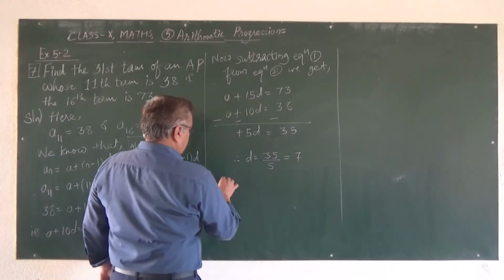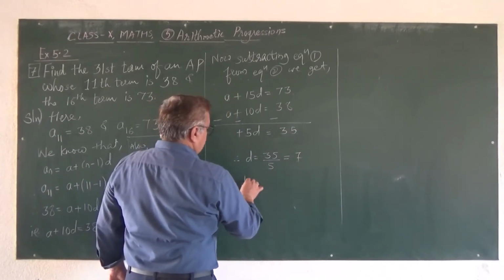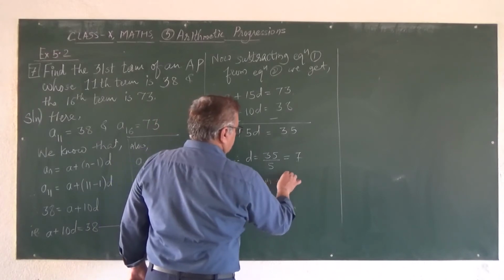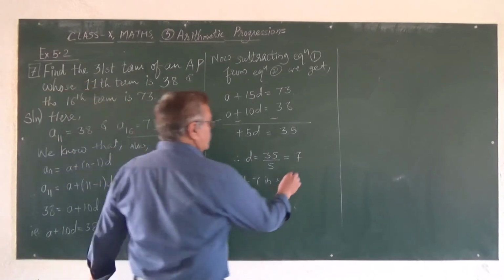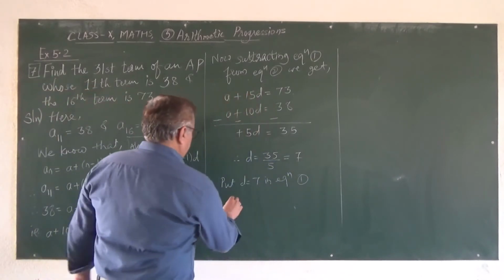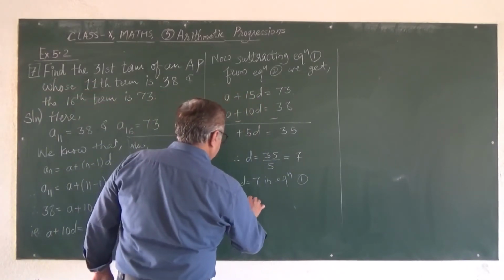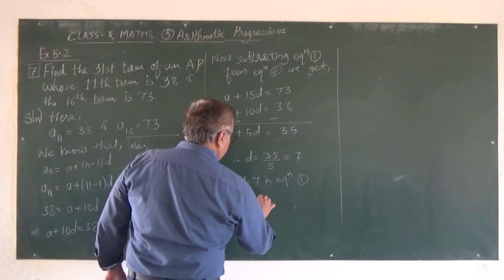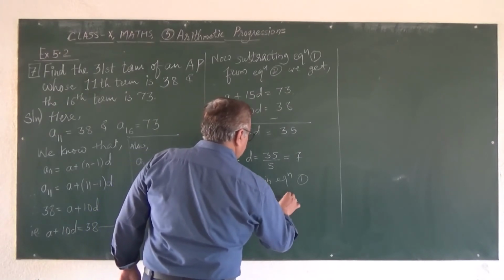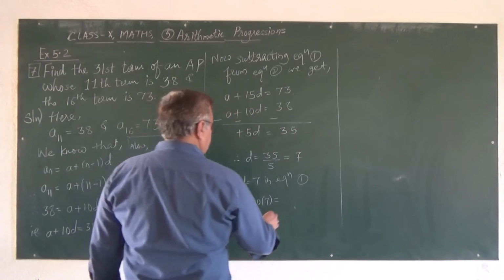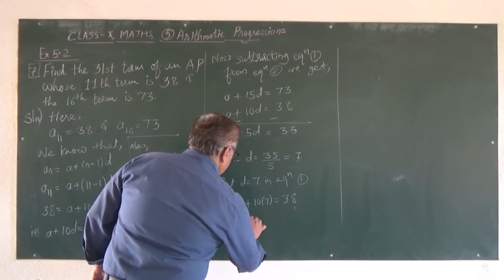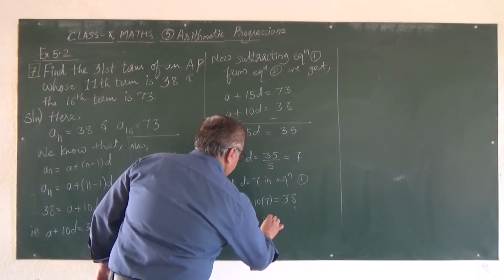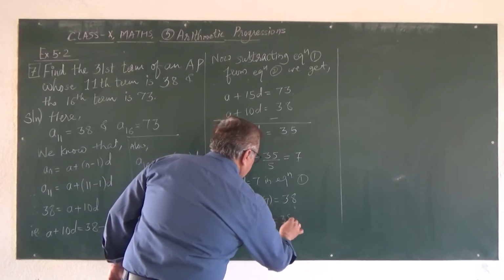Now put d is equal to 7 in either equation 1 or equation 2. In equation 1, a plus 10d, so 10 into 7, is equal to 38. So a plus 70 is equal to 38.